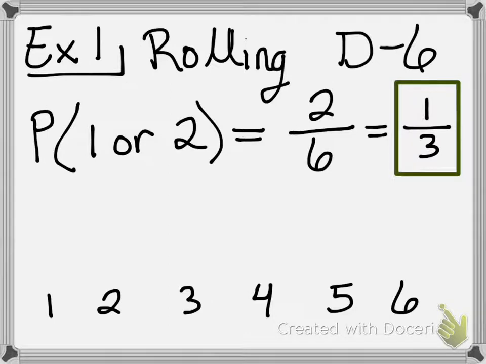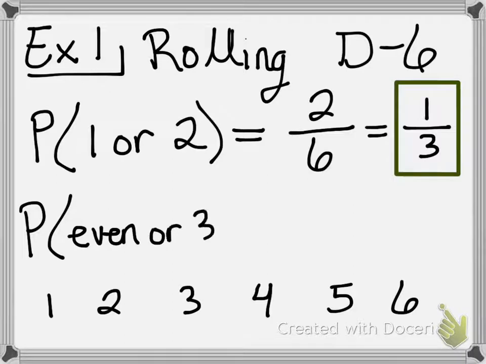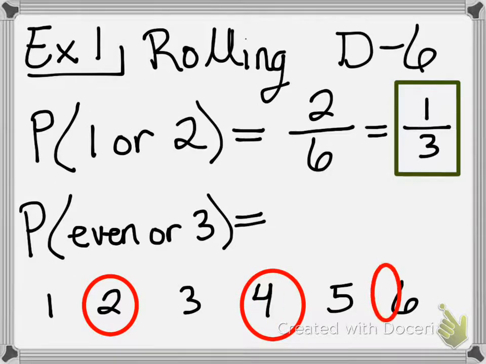Now, another question we could have is, what's the probability of us getting an even number or a 3? So, looking at this, the first event is us rolling an even number. And we've got a 2, a 4, and a 6 here.